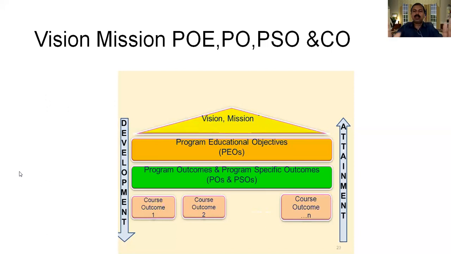So this is the complete outcome-based education framework. How we start from the mission and vision of the institution until we teach different courses, and by teaching the courses, how we can attain the mission and vision statement of the institution. So this is the complete OBE framework.